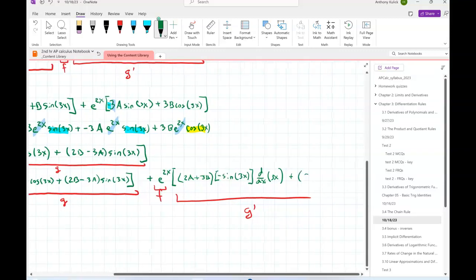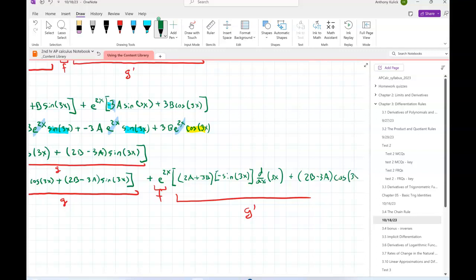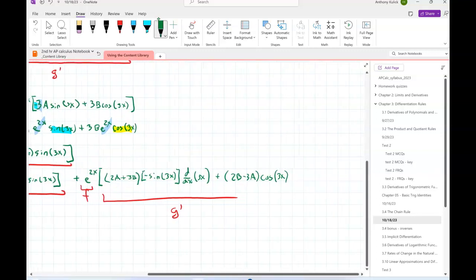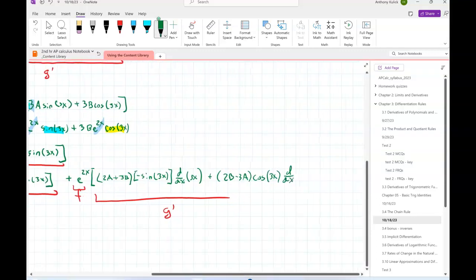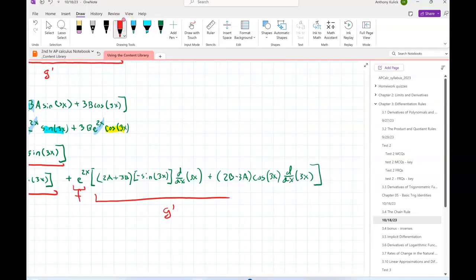So for that second half there, where you had that whole underlying G prime part, you have 2a plus 3b. How do you know that's not part of the derivative? Those are all constants. So it's just like a 7 out front.